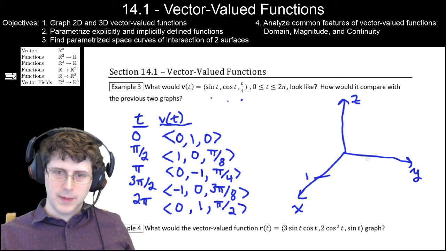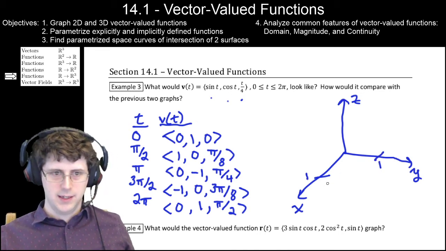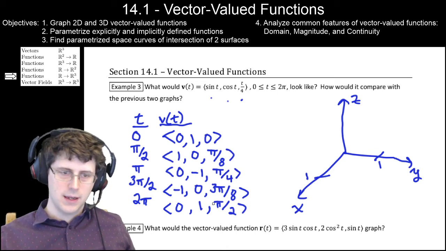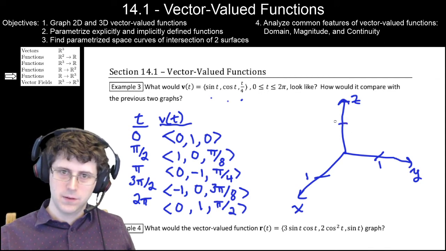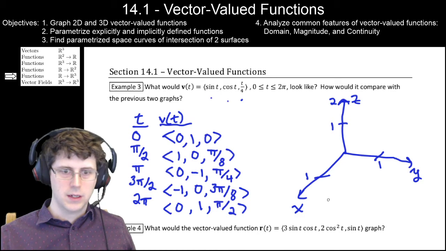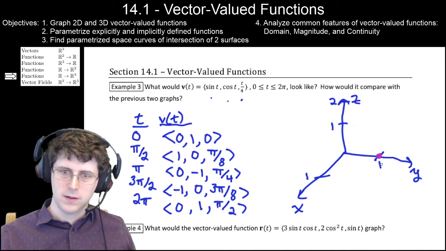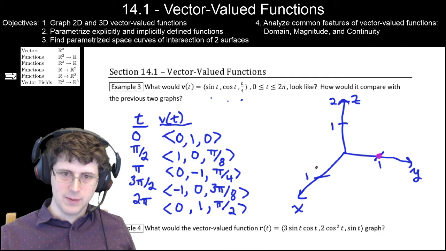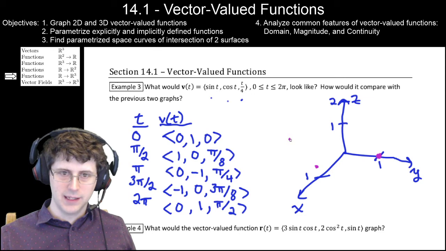It's probably going to be best to just go out by 1 here, because all of my x's and y's are between 1 and minus 1. And the highest my z gets is about 1.5. So I start at x is 0, y is 1. Let's get a different color. End up at x is 1, y is 0, and I'm up by a tiny bit. Then x is 0, y is minus 1, and I'm up by a little bit more.